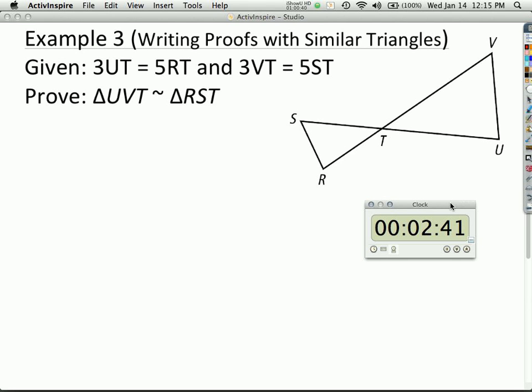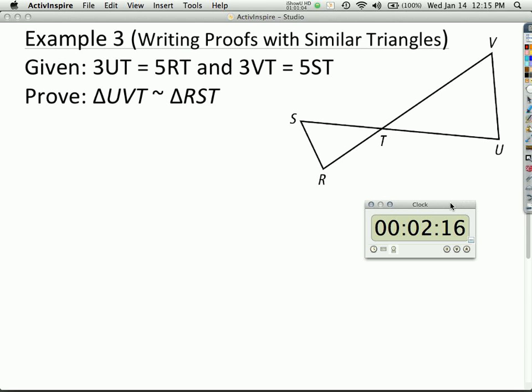I put UT for RT. Fits the jig. So we know two sides, so we decide to use SAS since those two sides are covered, and we can use the vertical angle STR.